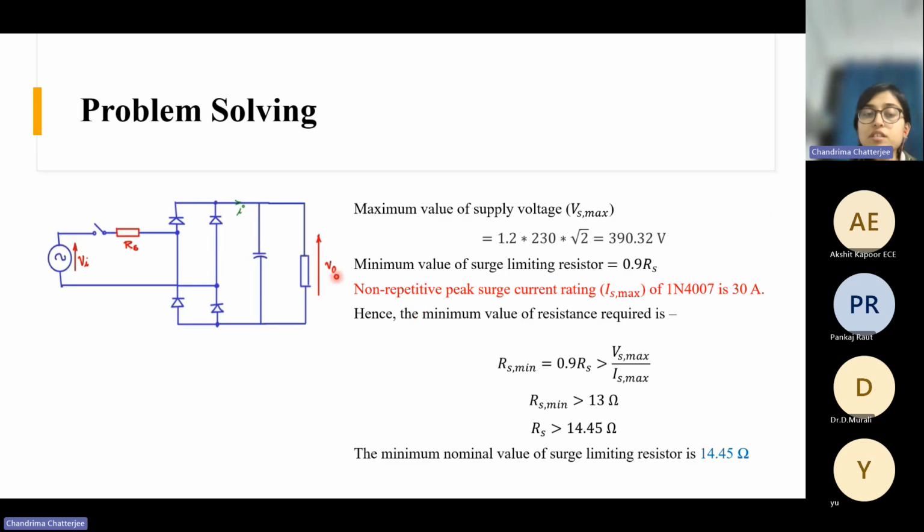What is the solution? This is the resistance-based solution we saw as the first solution to limit the inrush current. So here, what is the first task? The first task is to calculate the maximum peak value of the source voltage.